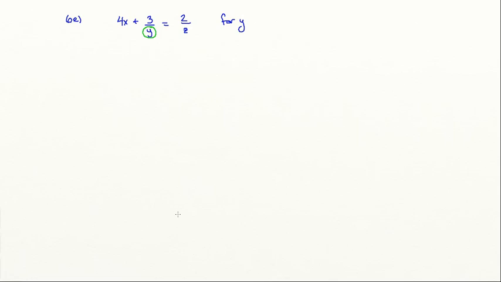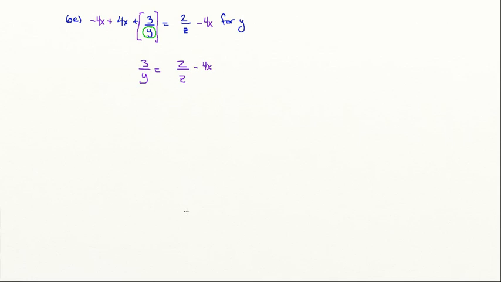But we're going to do the same process as before. We're going to isolate the term that has the variable in it that we're interested in. So that's what I'm going to try to get by itself. To do that, I'm going to subtract 4x from both sides, so that I have 3 over y equals 2 over z minus 4x.